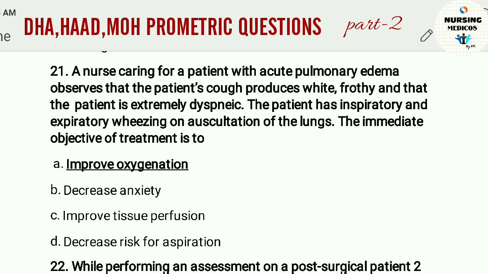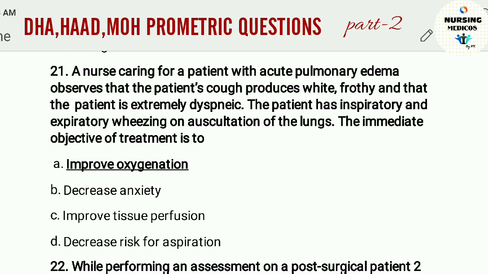A nurse caring for a patient with acute pulmonary edema observes that the patient's cough produces white frothy sputum and that the patient is extremely dyspneic. The patient has inspiratory and expiratory wheezing on auscultation of the lungs.